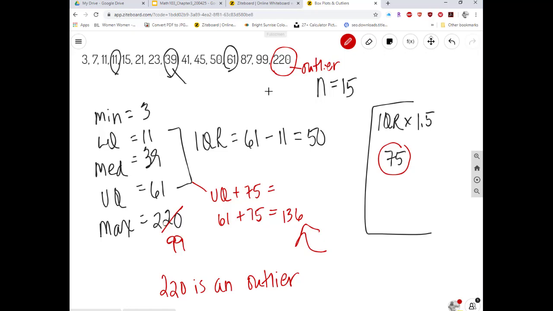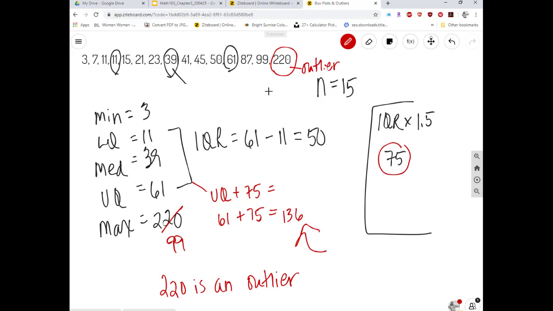So the point is that 220, my outlier, is really different than the typical variability that I would see within my data. So I really have to make some decisions about whether I want to use that value, how I'm going to use that value, why that value was different. It requires me to go into a deeper understanding of what's happening with that outlier before I can move forward.